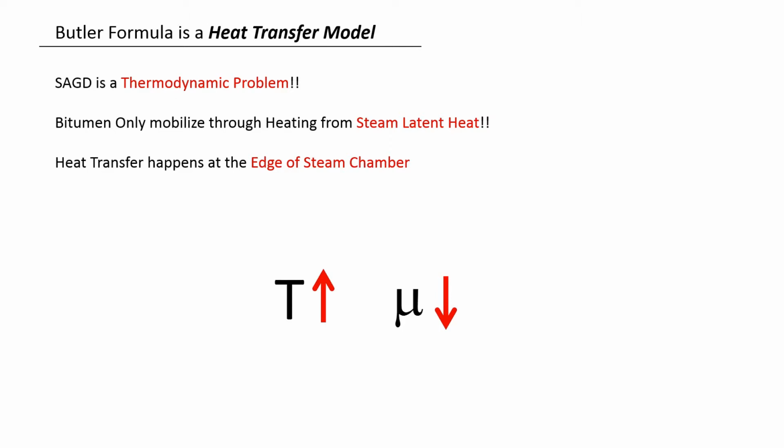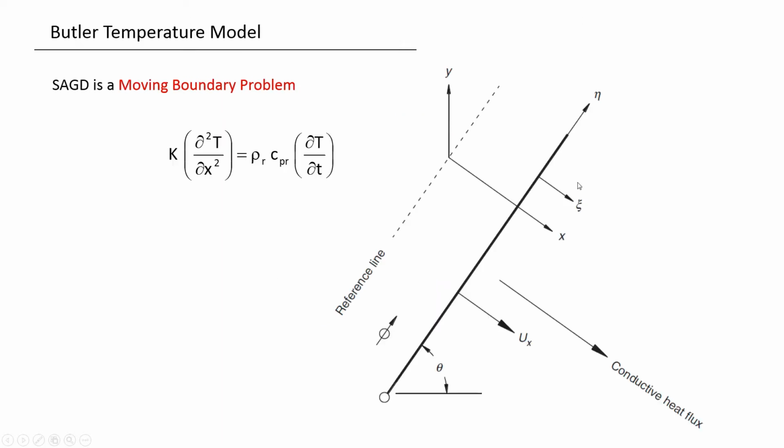And that cannot be captured in the heat transfer model that Butler used. It really just calculates the temperature profile inside the reservoir for the constant temperature at the boundary. And once the temperature goes higher, less viscosity means more rate, but it doesn't have any function about the thermodynamics of what's going on inside the chamber and reservoir.